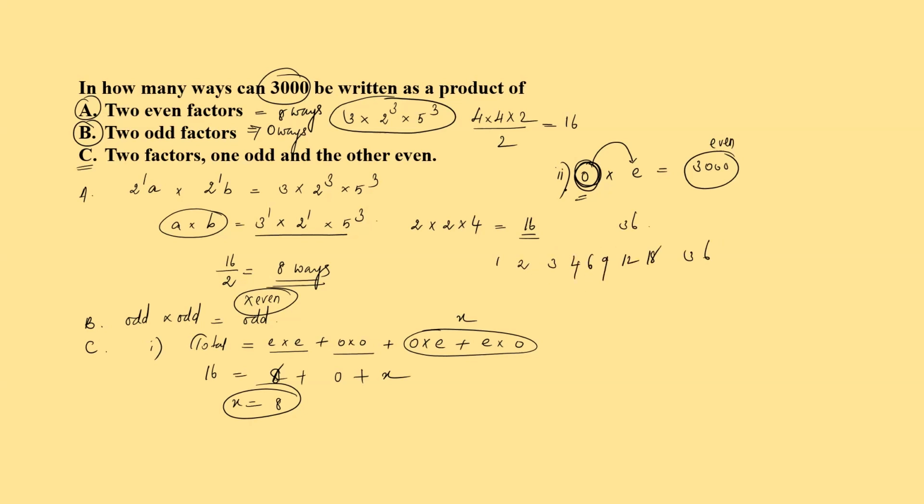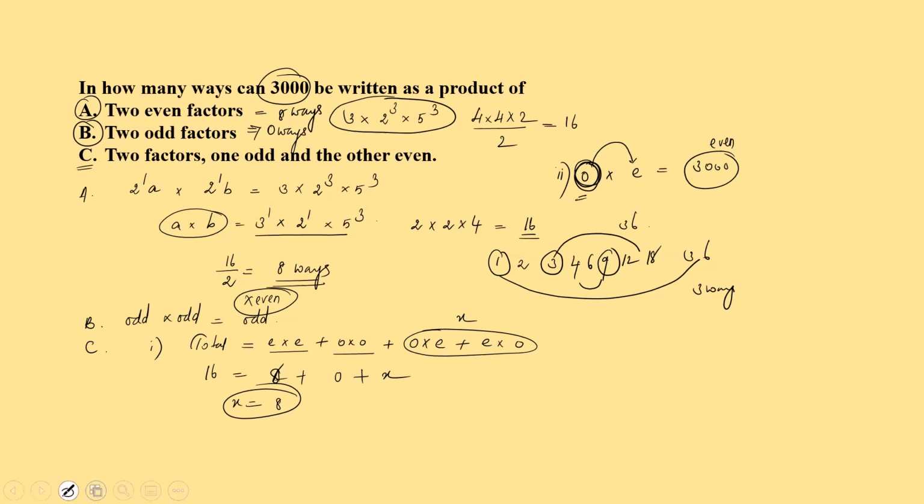The number of ways in which I can write 36 as a product of two factors, one of which is odd and the other even, is 1 into 36, then 3 into 12, and then 4 into 9. So there are only 3 ways. And if you look at it, there are only 3 odd factors of this number. So if you figure out the number of odd factors, they will definitely pair up with an even number to give you the whole number n.